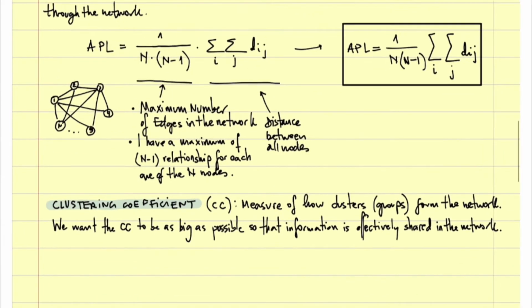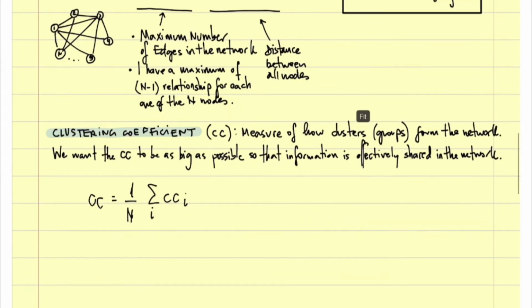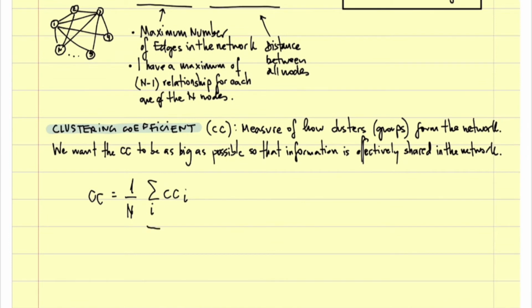Okay, so mathematically speaking, the clustering coefficient equals 1 divided by n times the sum over i of the clustering coefficients of all nodes. Is the clustering coefficient of each node.